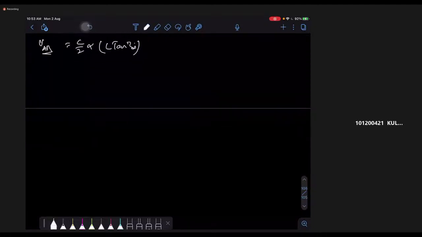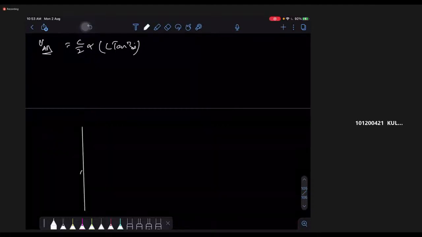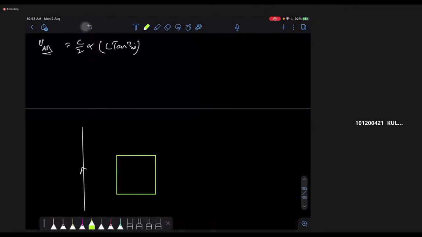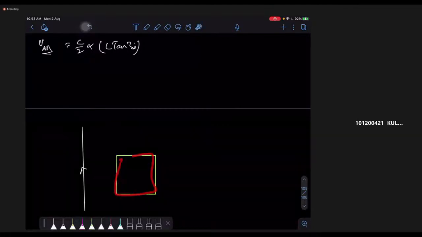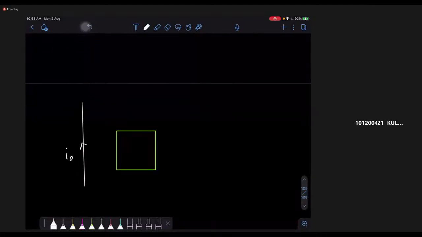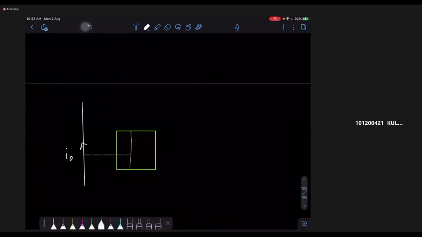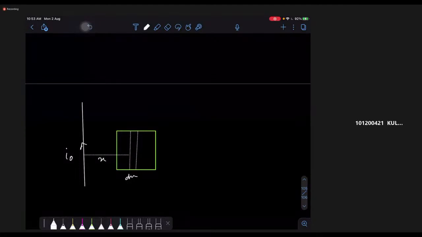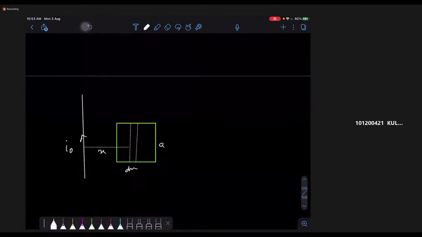So in this question, what he's saying is there is a current. And in two or three problems, I have found the flux on the loop because of this current. How to find it here? Integrate. Take a small element and then integrate. We have discussed that many times. Take a small element at a distance of x. This is my dx. This side is a. So I can write my flux equals magnetic field into this area.